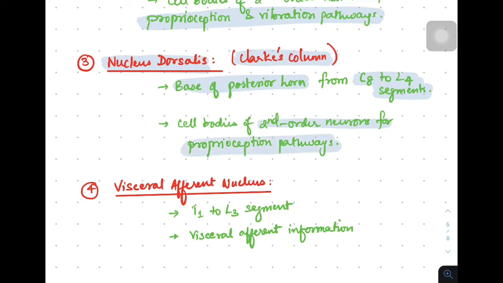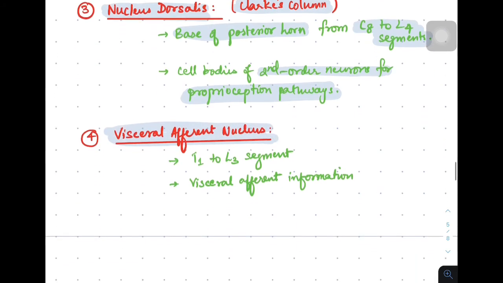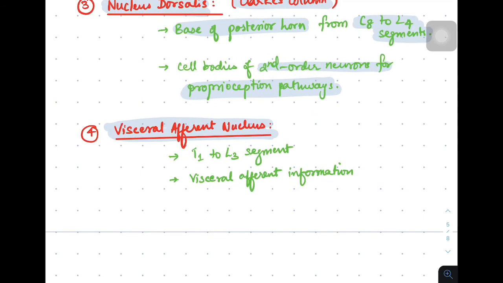Okay, then the final nucleus is the visceral afferent nucleus. It is also not found throughout the spinal cord. It is found only from T1 to L3 segments, and it is responsible for the visceral afferent information being transferred from the viscera to the brain. So this was about the posterior horn.